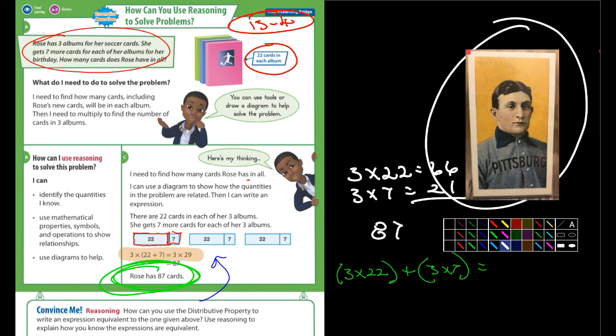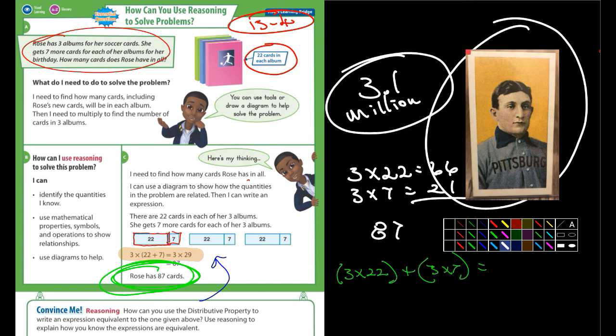Anyways, he played baseball around 1909, 1910, 1911. This particular, not this exact one, this picture, the card looks like this, but the one that sold in 2016, 4 years ago, it sold for $3.1 million. $3.1 million for a single baseball card.